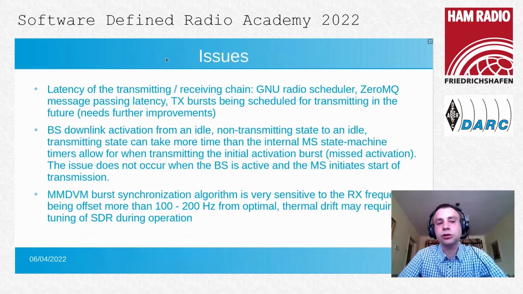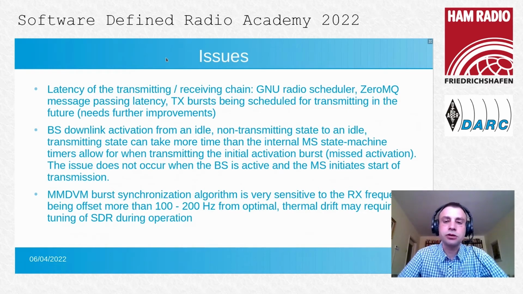I'm currently searching for some mitigations for them in order to improve the code and hopefully minimize them. The issues I have found with this software-defined radio approach, basically using GNU Radio to communicate with the SDR device: first of all, it's the latency of the transmitting and receiving chain.